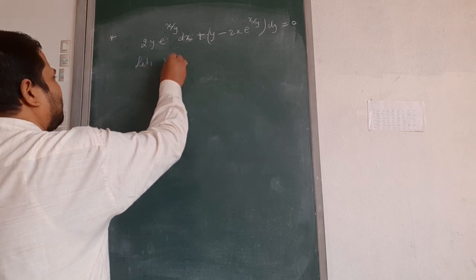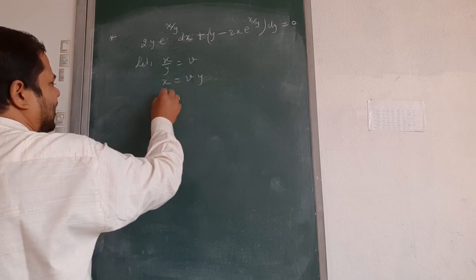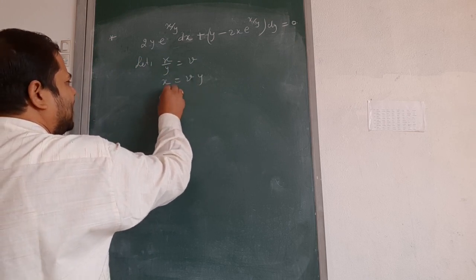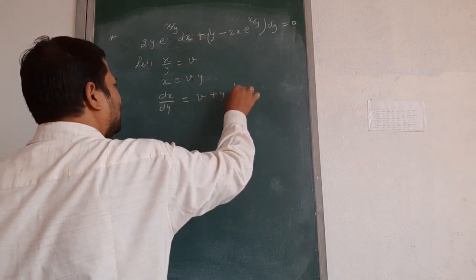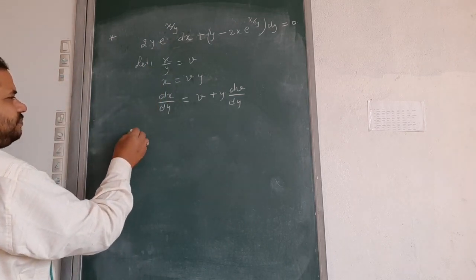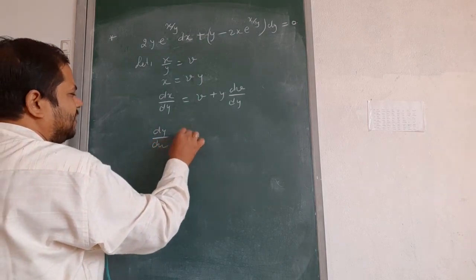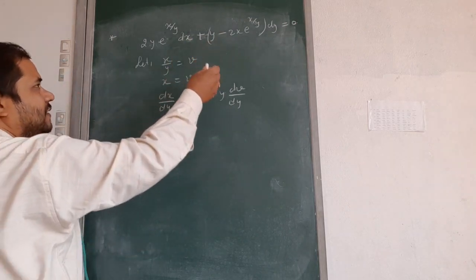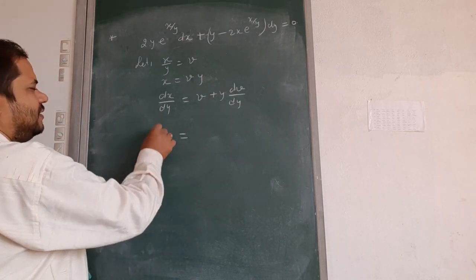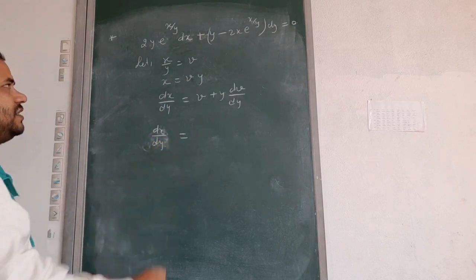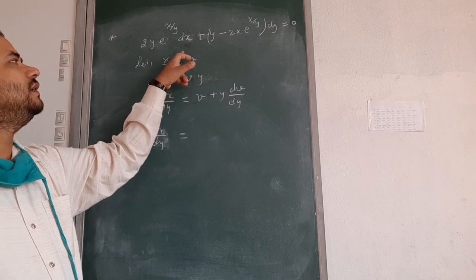Let x upon y is equal to v, so x is equal to vy. Then, differentiating with respect to y, dx upon dy is v plus y dv upon dy. Now what is the value of dx upon dy? From this equation, dx is here, this is downside, then this is upside.